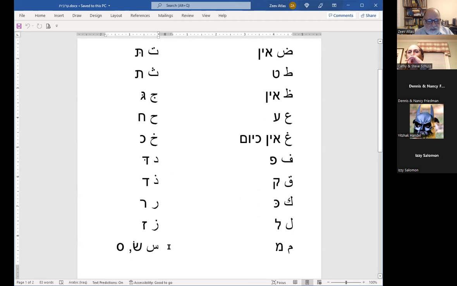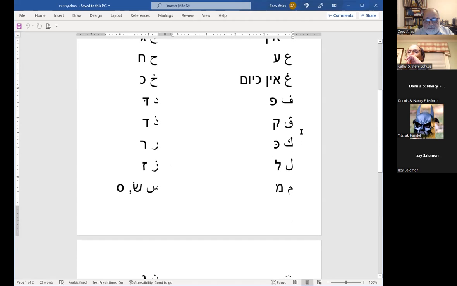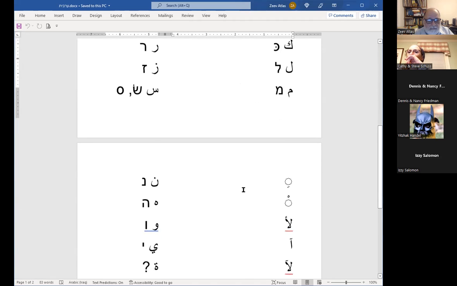The order is different. Sin, Samech, that's the same one. Shin, Tzadi. We don't have that in Hebrew. This is Tet. We don't have that. We have Ayin, maybe it's Ain, we don't have it. The Ghain, we don't have. Fa, Qaf, Kaf, Lam, Mim.